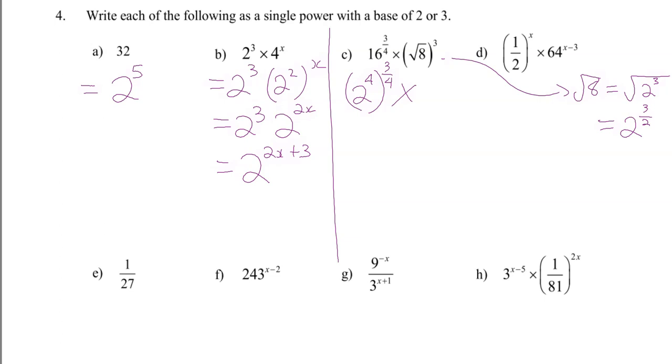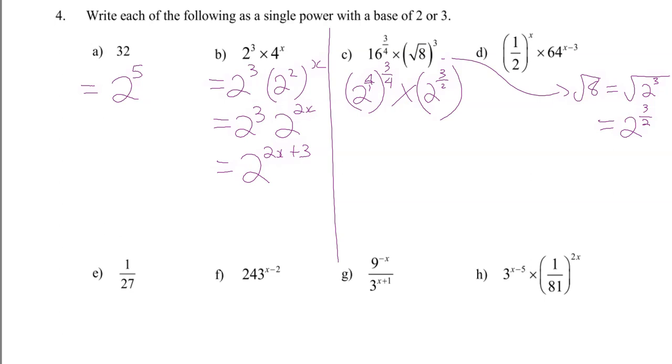So square root 8 first becomes the square root of 2 cubed. Then we change from radical form to exponential form. So that this is times 2 to the 3/2. We put these two together, right? So power to a power. Now, if you're going to multiply, sometimes it helps to write the 4 as 4 over 1, so you keep your numerator straight.